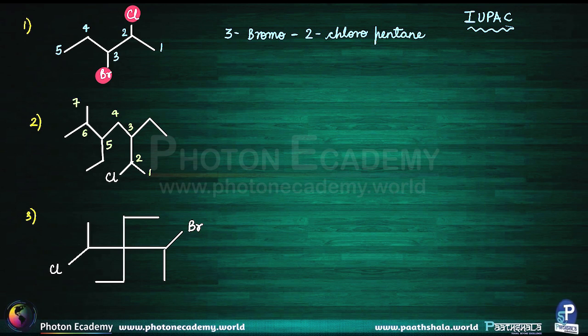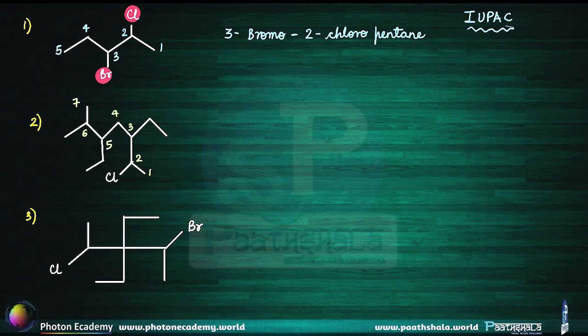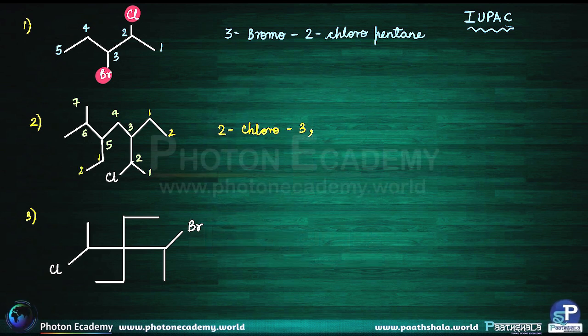So here at 2 we have chlorine. So let us write at 2 we have chloro. Then at 3 we have an ethyl group present. Also at 5 we have again an ethyl group present. So 2 ethyl groups, and we know we use di for 2, so diethyl.